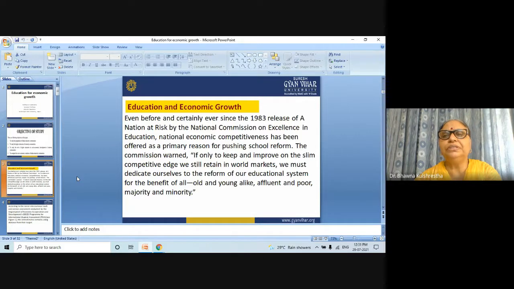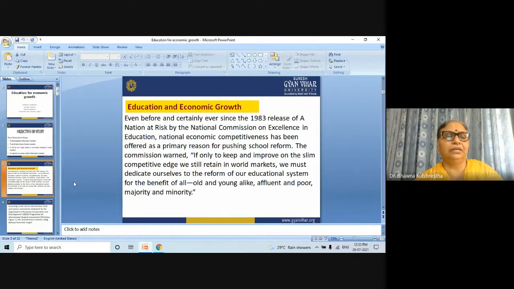Responding to these urgent words, the National Governors Association in 1989 pledged that US students would lead the world in math and science achievement by 2000.